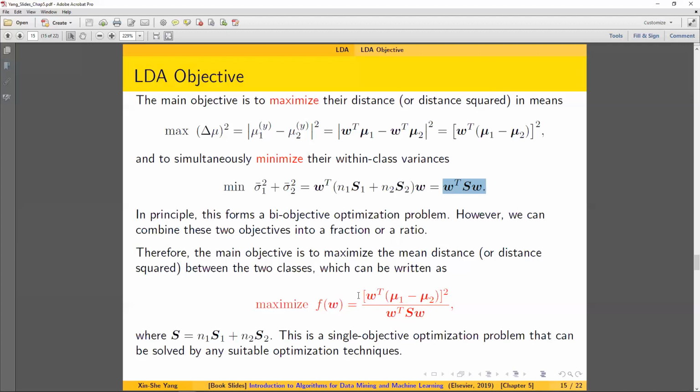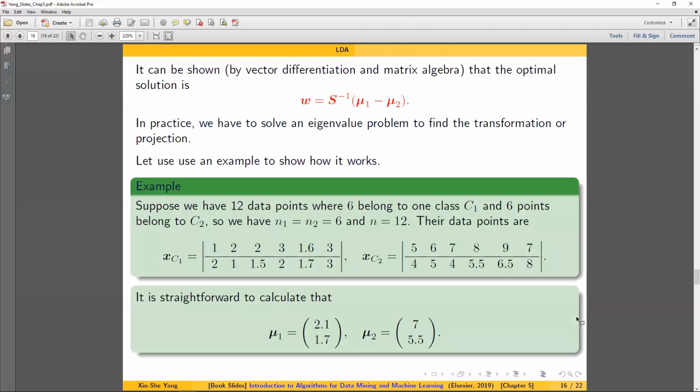So if we maximize this and minimize this, as a result, this F(W) should be maximized. So we're able to maximize F(W) as an objective function, and this can be solved by optimization techniques. That's our LDA objective.